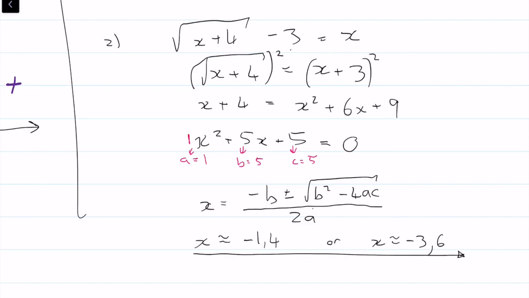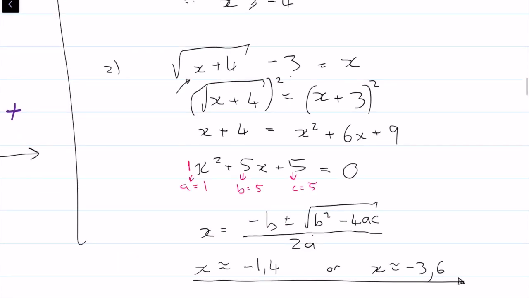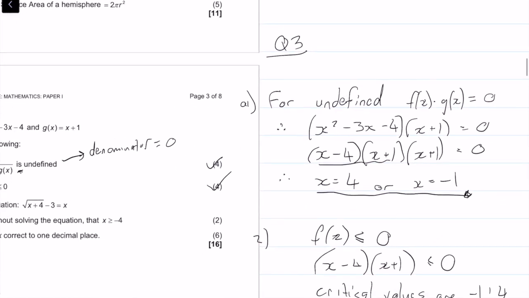If I plug in minus 1.4 into this square root, that still works. If I plug in minus 3.6 into that equation, that still works. So we are done at that point, and we get ourselves 6 marks.